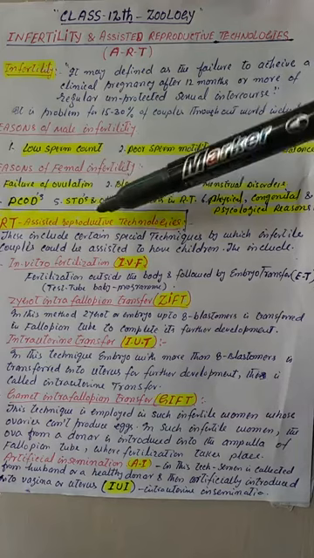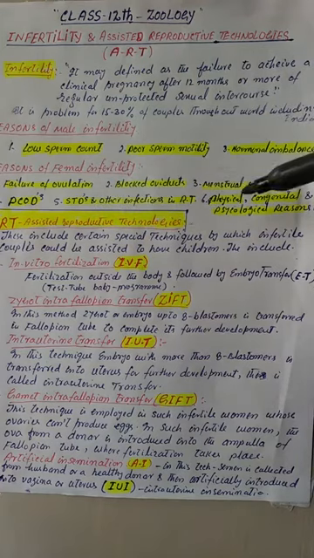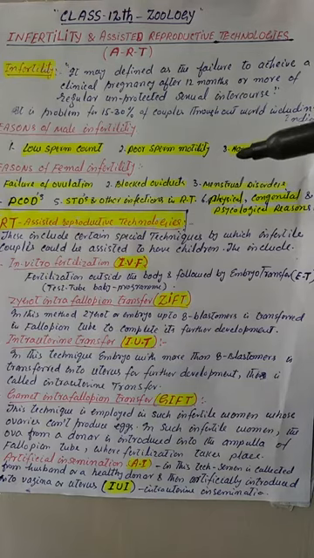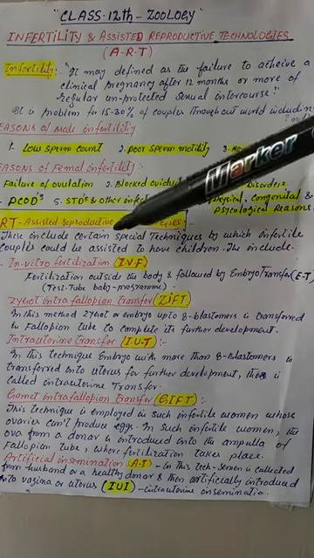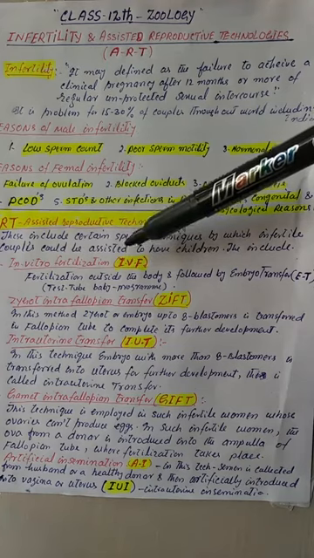These ARTs include certain special techniques by which infertile couples could be assisted to have children. They include: number 1, in vitro fertilization, abbreviated as IVF.